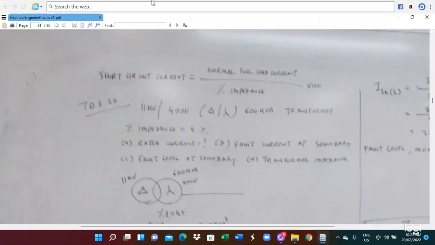Short circuit current calculation. The short circuit current calculations we can use a formula.